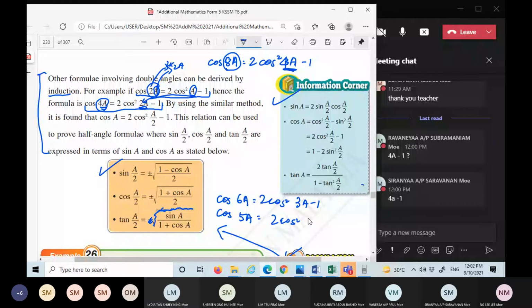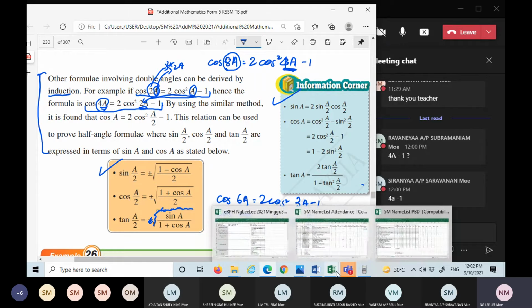Fraction. 5/2a minus 1. Okay, thank you.